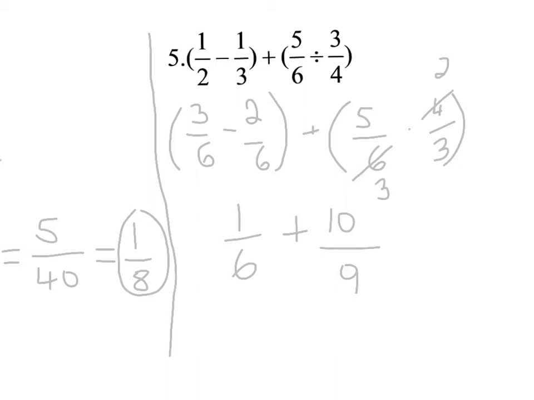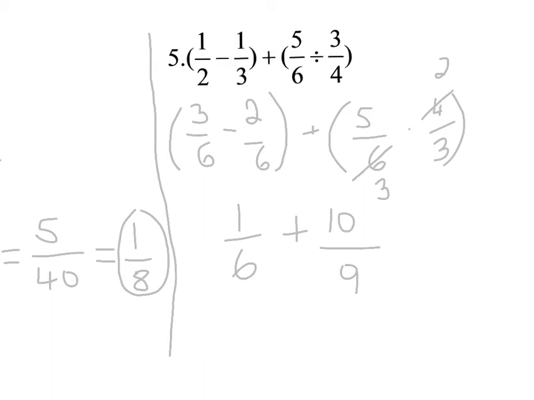Now, what is your final step? Your final step is to add two fractions, okay? And to add fractions, we have to find common denominator. What is the common denominator for 9 and 6? Okay, some people say it's 54, but the smallest one is technically 18. 6 goes in 18 3 times, and 9 will go into 18 twice.